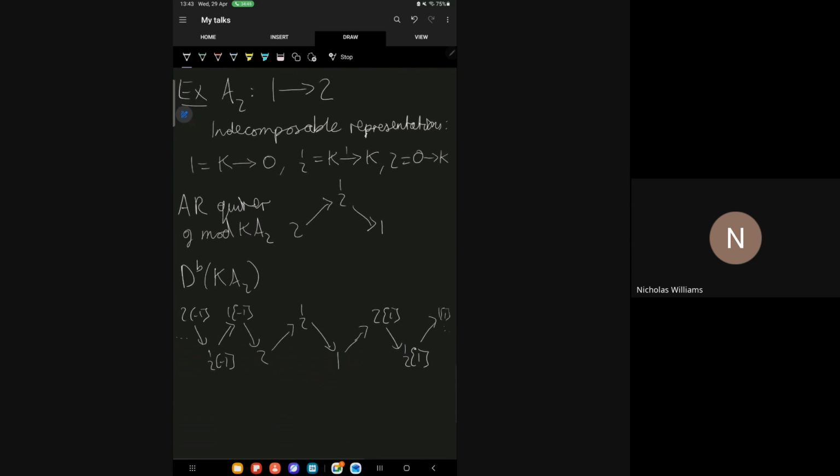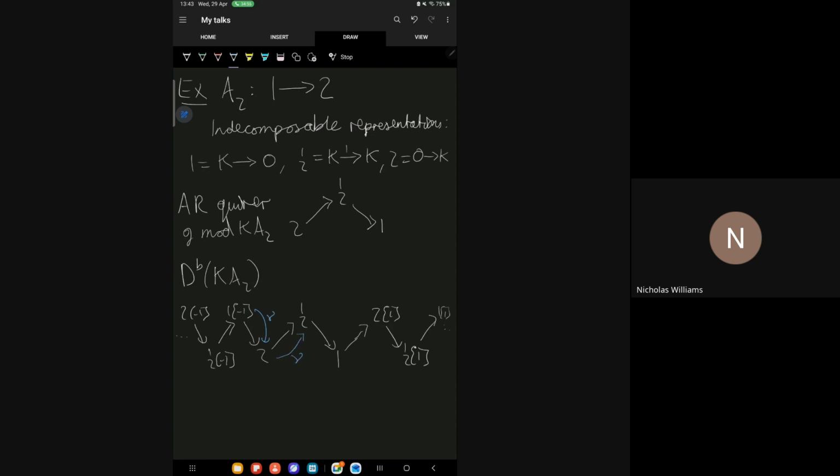And so on. Okay, so now we have this Serre functor nu I mentioned earlier. So this acts on the category as follows. Sort of moves things just along one.